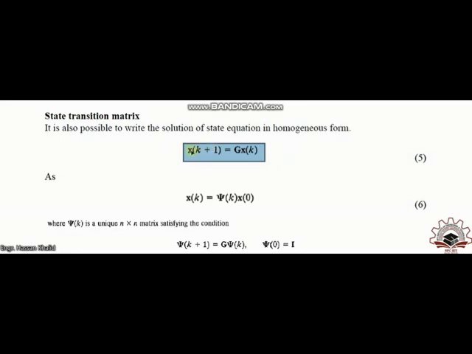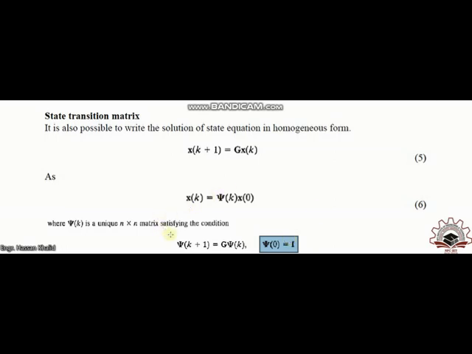In doing that, we obtain x(k+1) equal to G x(k), and here we can define our new state vector, x(k), equal to psi(k) times the initial condition x(0), where psi(k) is a unique n by n dimensional matrix that satisfies the condition that at k equal to 0, psi is equal to the identity matrix.